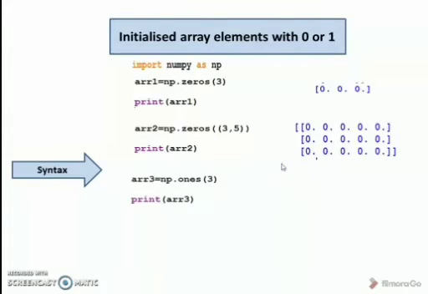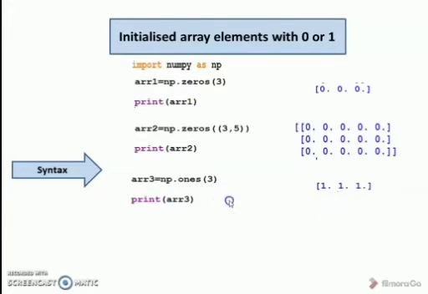In similar fashion, we can create 1D array initialized with 1. So here we are using ones. We are providing one parameter. So here we have written 3. So it will create 1D array with 3 elements and all elements will be 1, right?